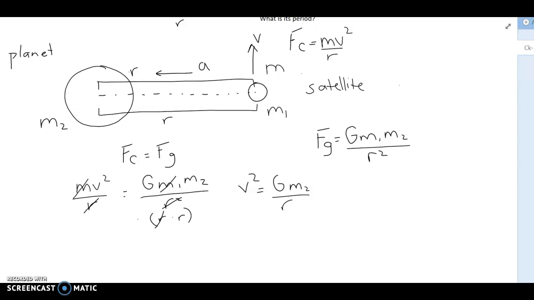And m2 is the mass of the planet. So we can change that to v equals the square root of G, mass of the planet, over r. And that will get us the first part of both of our problems up above, the speed of the satellite.